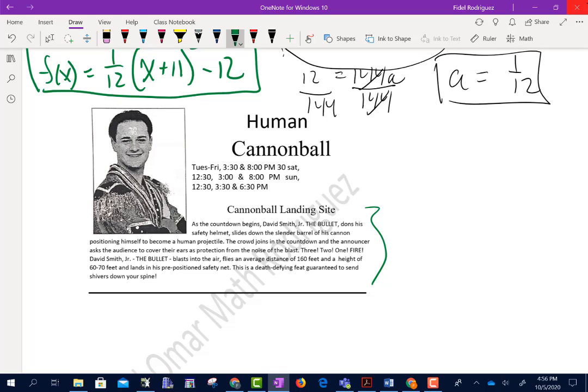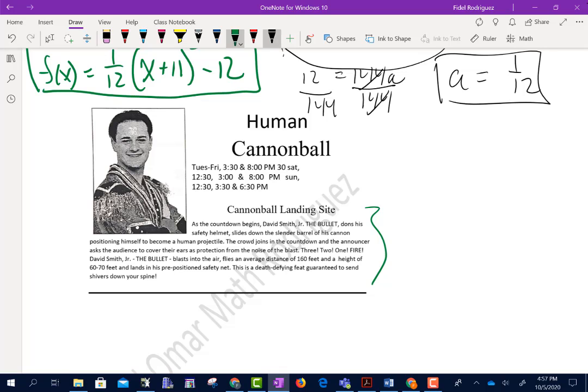The crowd joins in the countdown, and the announcer asks the audience to cover their ears for protection from the noise of the blast. 3, 2, 1, fire. David Smith Jr. blasts into the air, flies an average distance of 160 feet and a height of 60 to 70 feet, lands in his pre-positioned safety net.